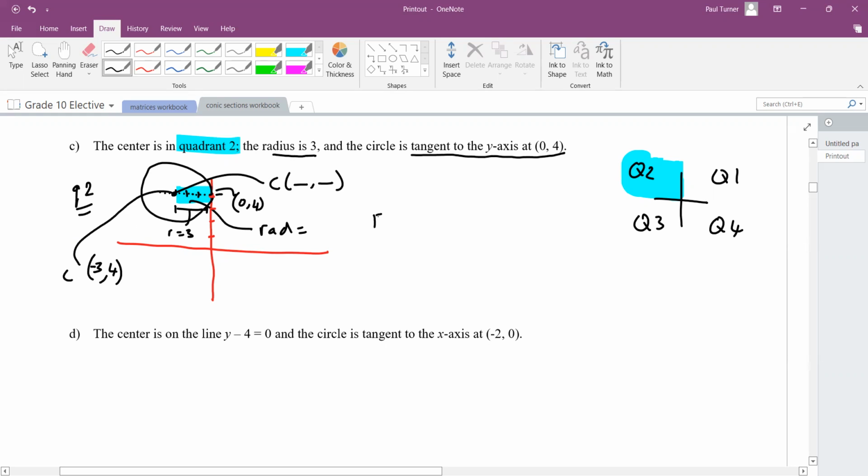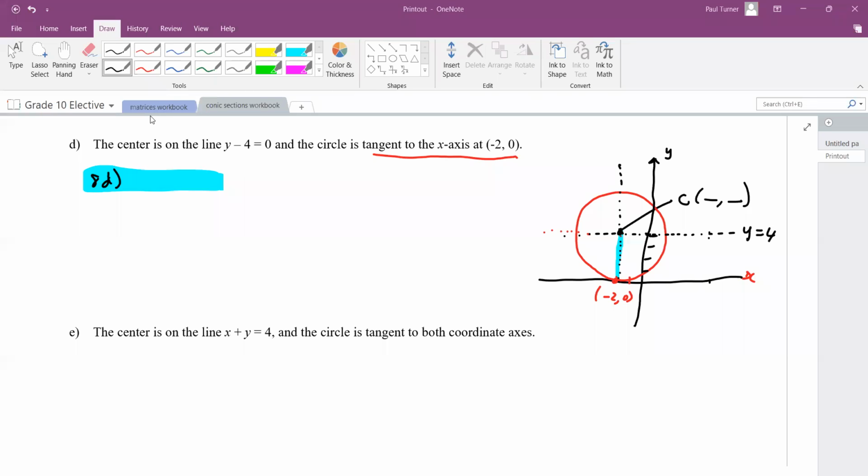So our equation will be x minus -3. Remember, this is h and k. So x minus -3 will be x plus 3, all squared, plus y minus 4, all squared, equals 3 squared, which will be 9. So that's going to be our final equation there.